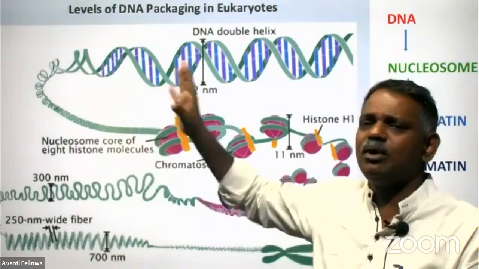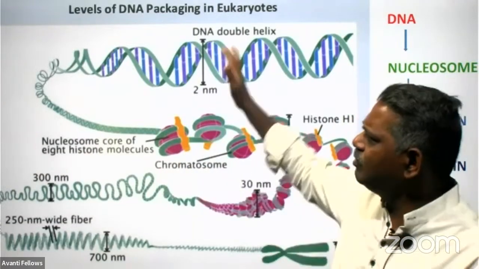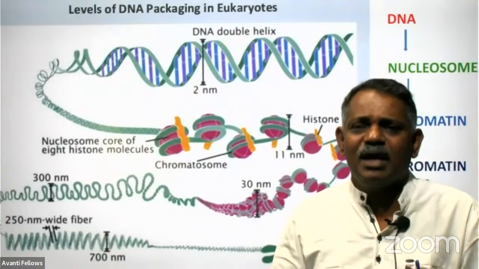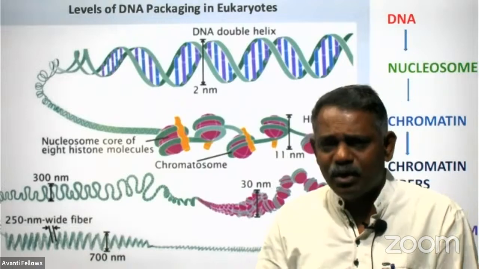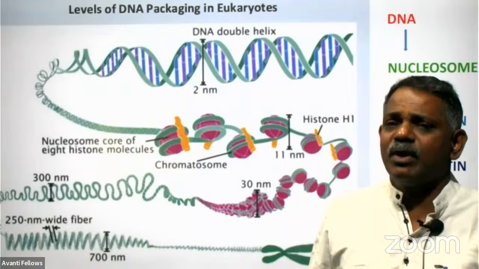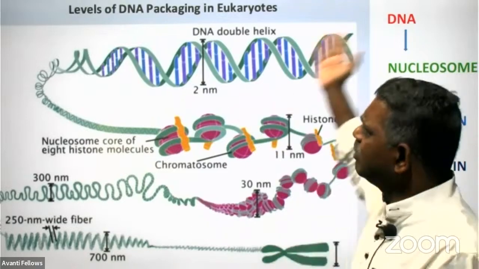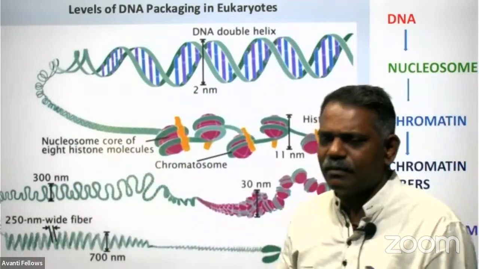Then only it is able to produce the different kinds of enzymes, and by using the enzymes we will be able to control all the cellular activity. If you want to make a cell alive by producing different kinds of products inside, that is called metabolism, which requires many types of protein. If you want to produce that many varieties of protein in the cell, it requires much information, and this information is stored only in the DNA.